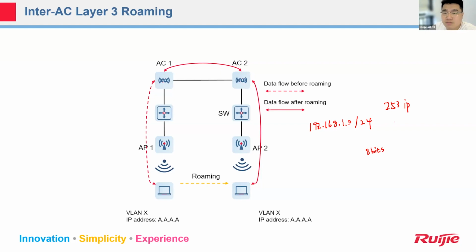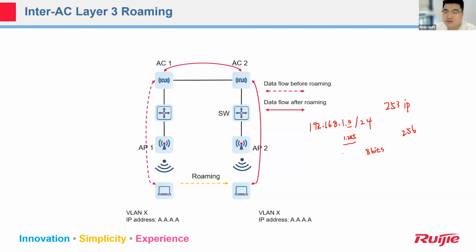And the reason the number is 253 is that 8 bits means we have 256 IP addresses in this subnet. But for the IP addresses 192.168.1.0 and 1.255, these two cannot be assigned to clients, because 1.0 is the network address and 1.255 is the broadcast address.